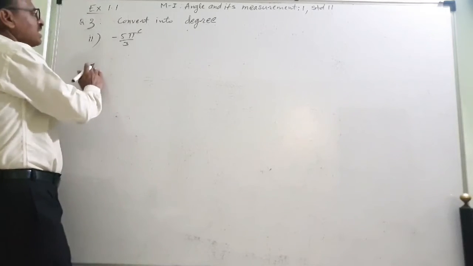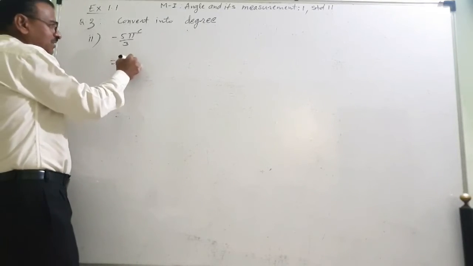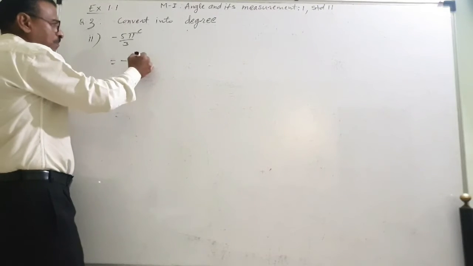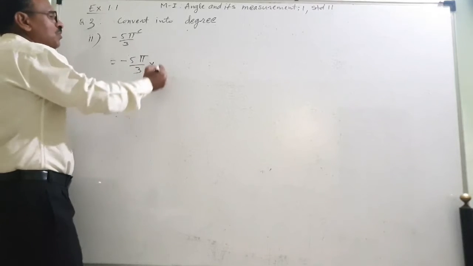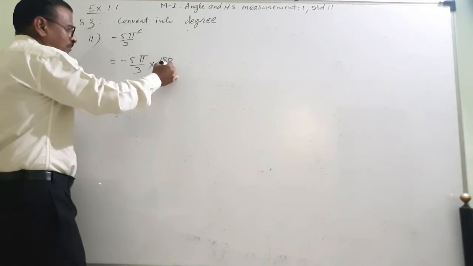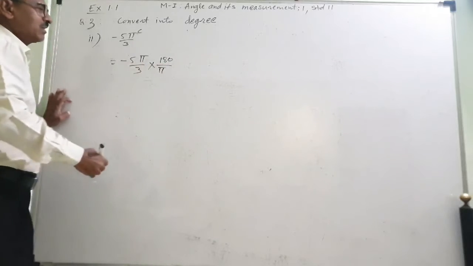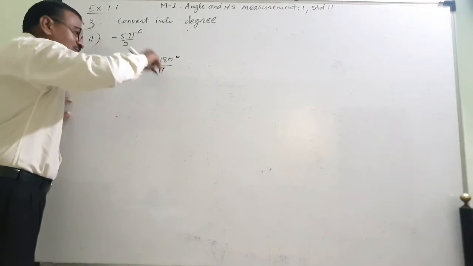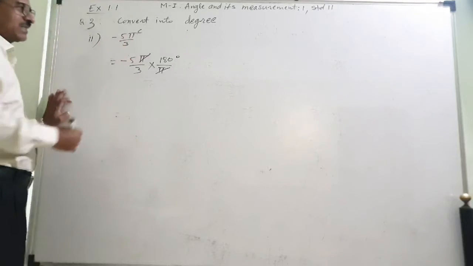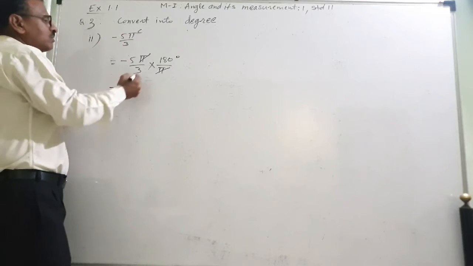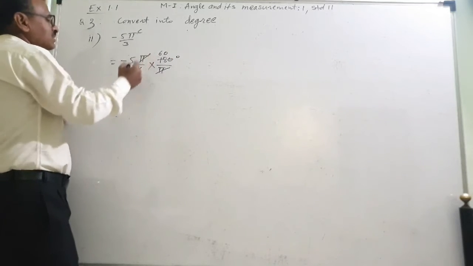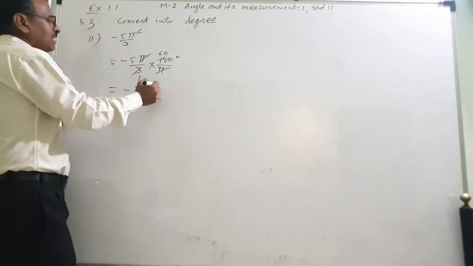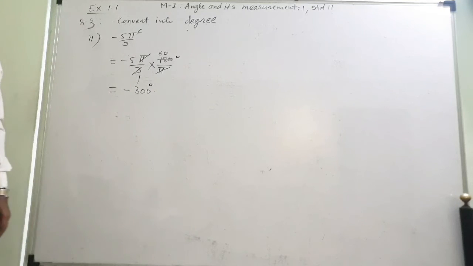So this is equal to minus 5 pi by 3 into 180 upon pi. See this, this 180 is degree, so it will go up. This pi and this pi will get cancelled. 3 sixties are 180, so minus 5 into 60, that is minus 300 degree. Hope that you have understood this.